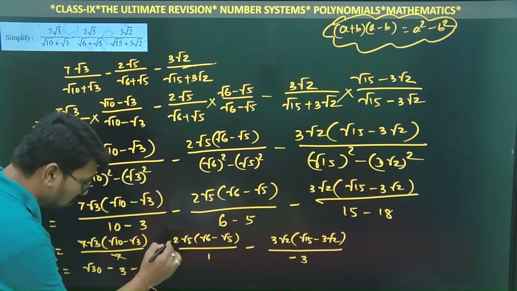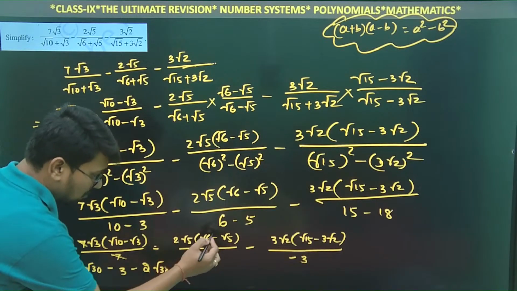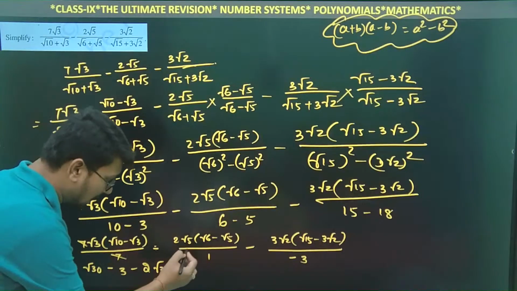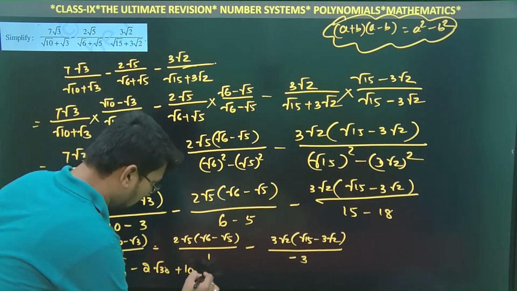Minus 2 root 30, right? Minus, plus 2 root 5 into root 5, what is it? 5 twos are 10. Got it? Now, minus, what is it? Plus.